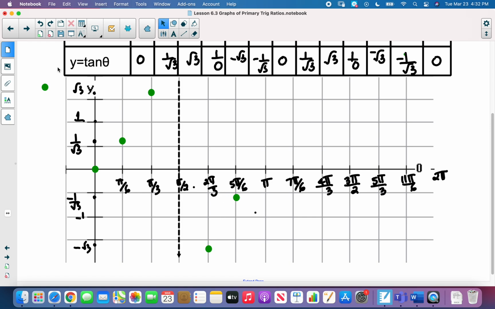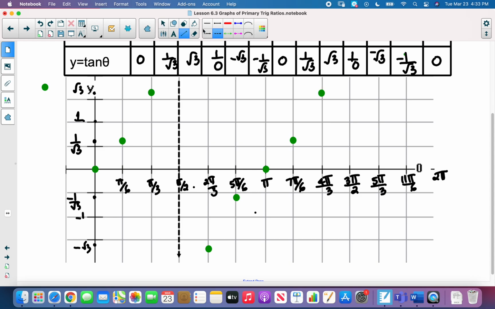Then our value is 0 again at pi. So right here. And then at 7 pi over 6, it's 1 over root 3. So back here again. And then at 4 pi over 3, it is up here again, root 3.